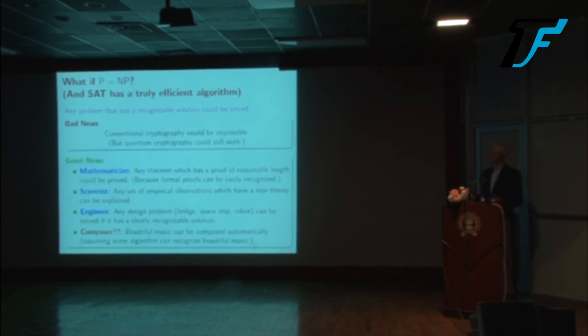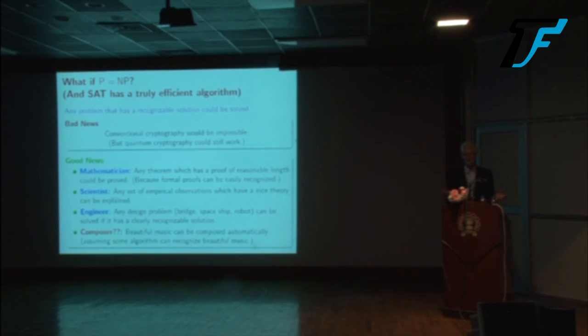And you can make similar arguments for science and engineering, and a more speculative one is composing beautiful music. Here you have to assume there's some mathematical procedure that can recognize beautiful music, or at least some subclass of beautiful music.